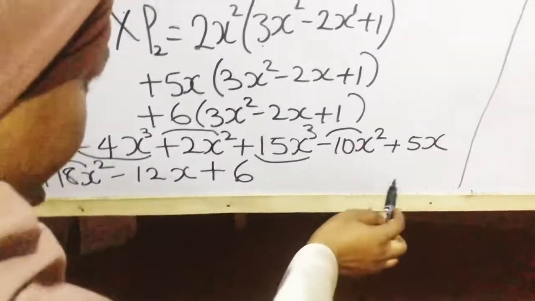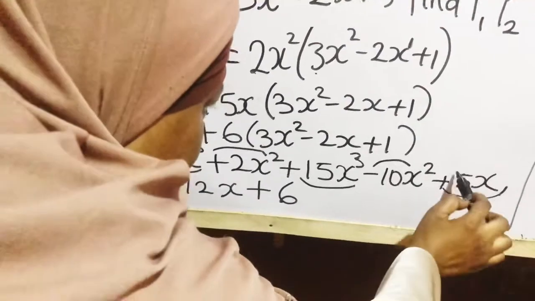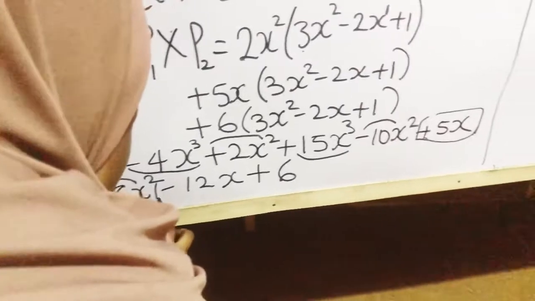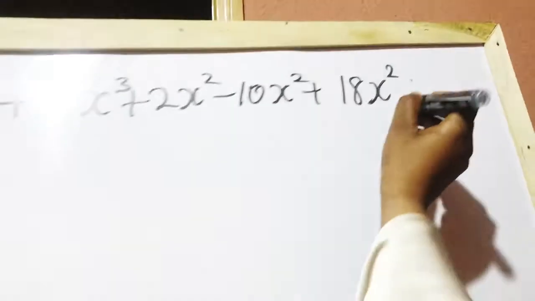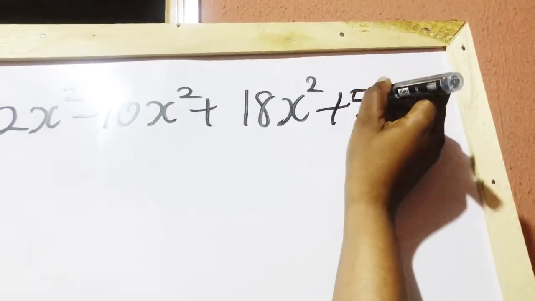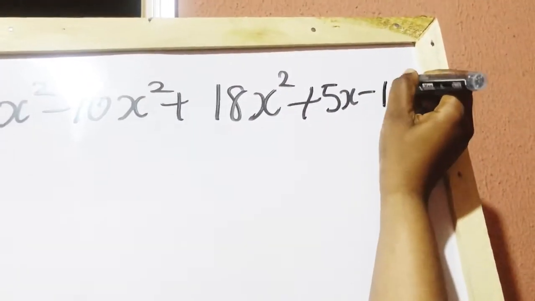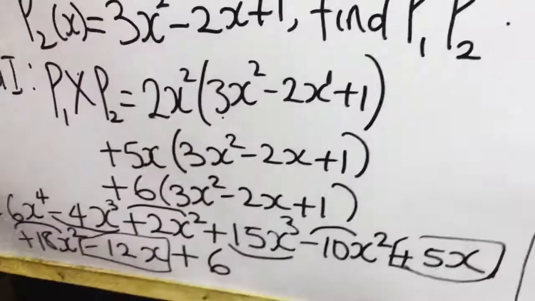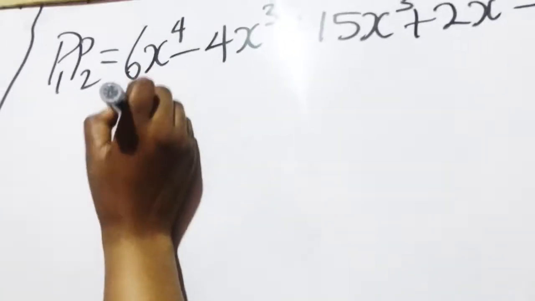Then x now: plus 5x, then minus 12x. It remains the constant, which is plus 6.